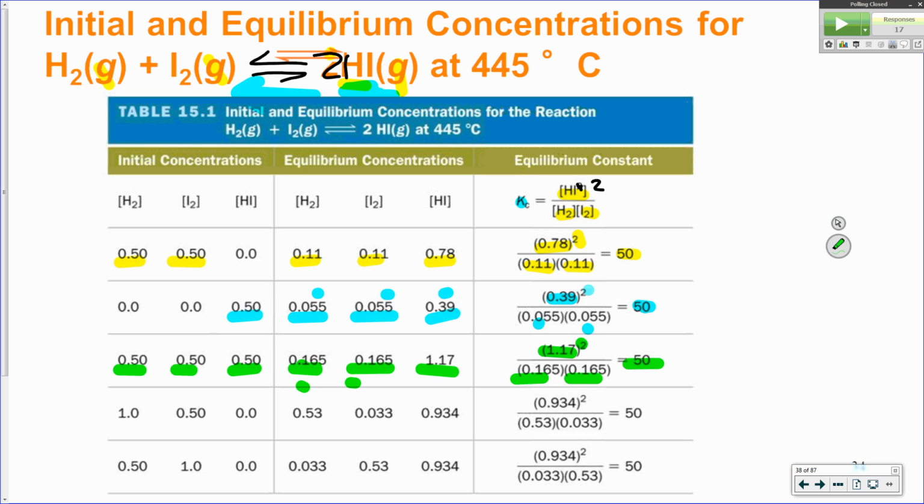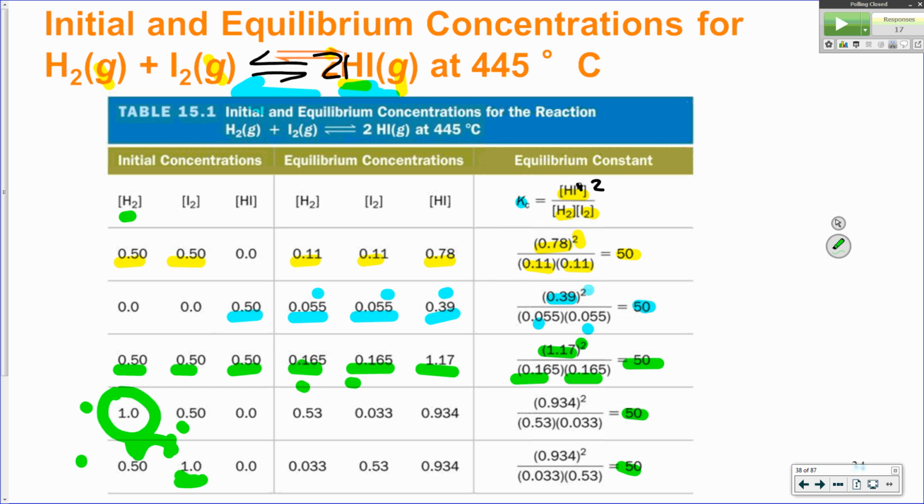Okay, there's two other examples at the bottom with different concentrations. Things don't have to be the same. In this one, you've got twice as much of the first reactant, H2, as the second reactant, and it still comes out to the same value of K sub C. You swap them around, now you've got twice as much of the second reactant, and still the same value of the equilibrium constant.